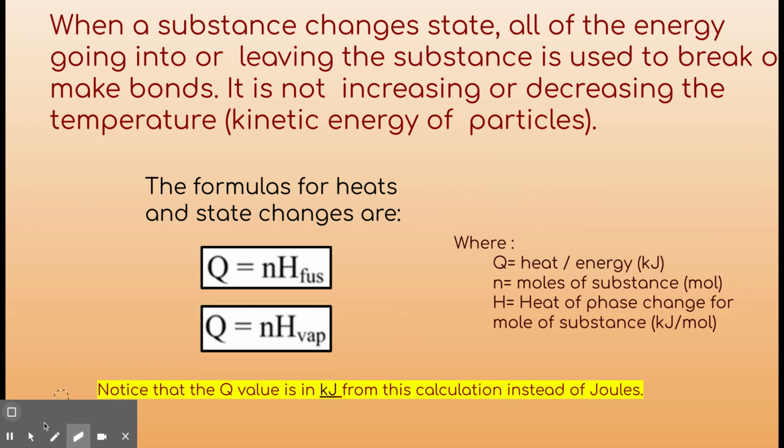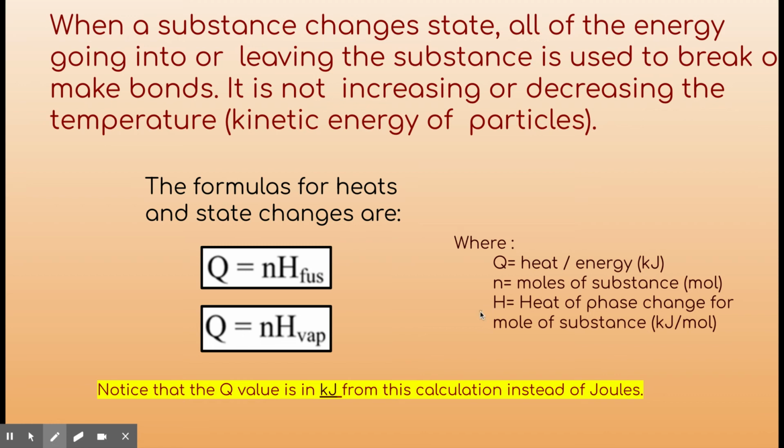We also have a different variable here. Q is equal to mcΔT had mass, where we actually have n, which is moles of a substance, and our unit for moles is mol. This should sound familiar to you from our chemistry unit. And if you were to by chance not be given moles, we actually have to calculate it, and I will do a little reminder on how to do that.